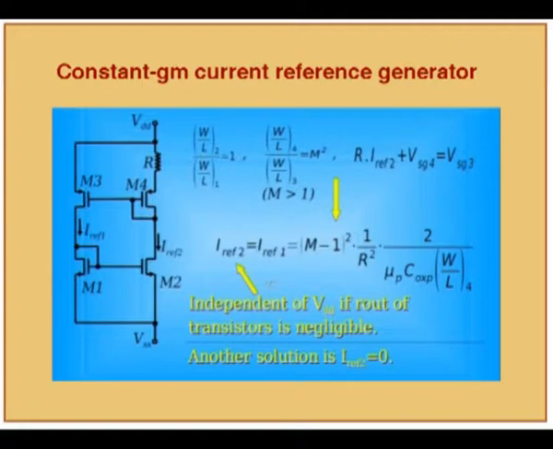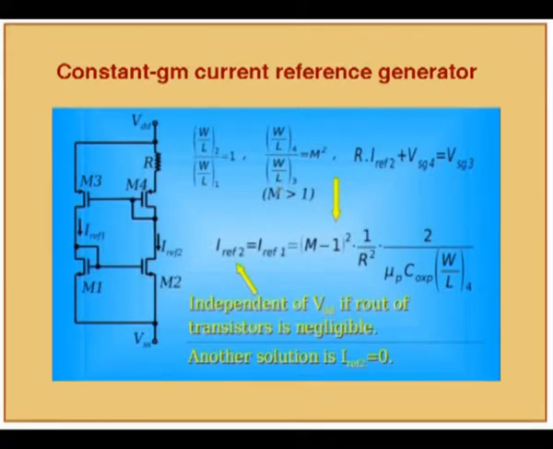Now if you look, there is no VDD here. So at least in one step, we have got rid of the VDD effect. The next thing is that because M is a ratio of aspect ratios, if we have some changes in the length or width of transistors because of temperature or process, this ratio won't change.